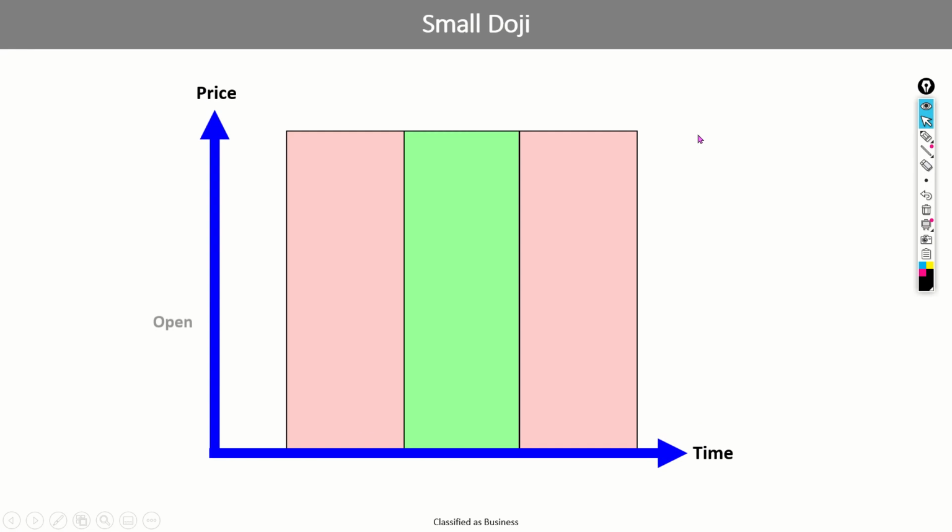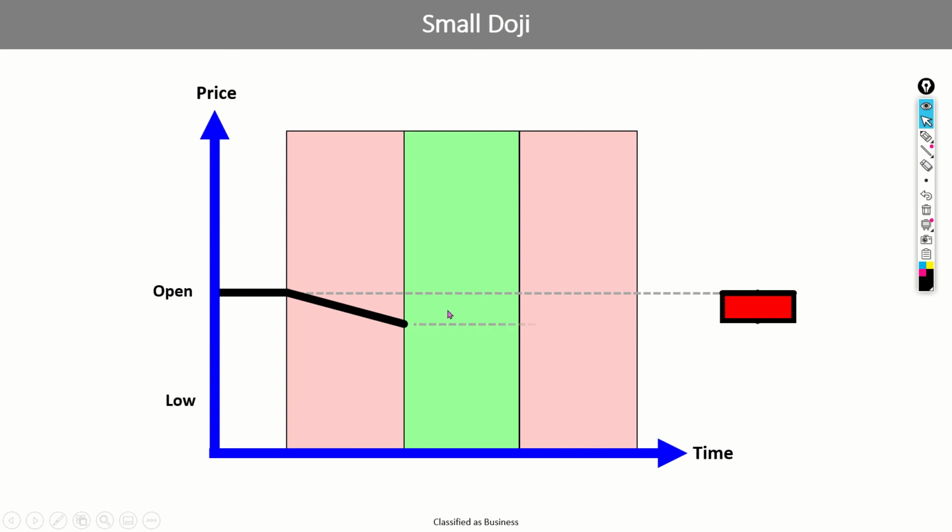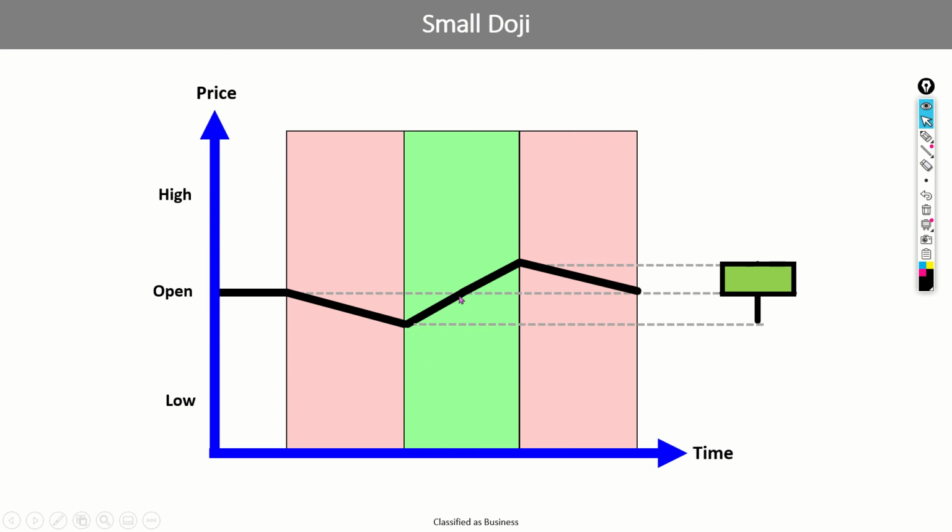So what we just saw was a long-legged doji, and here we have a small doji. Let's say with a small doji, prices move in a very small range. Either side does not even participate, or either side is strongly pushing against the other.